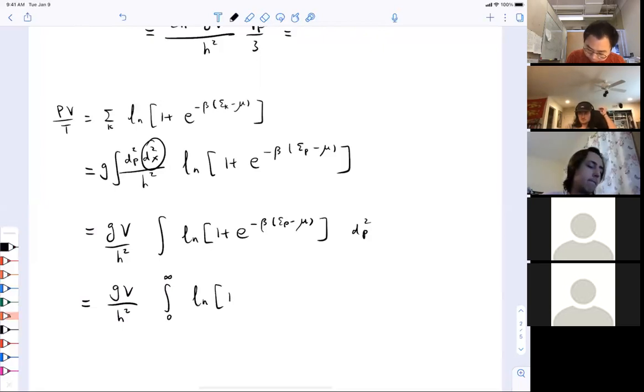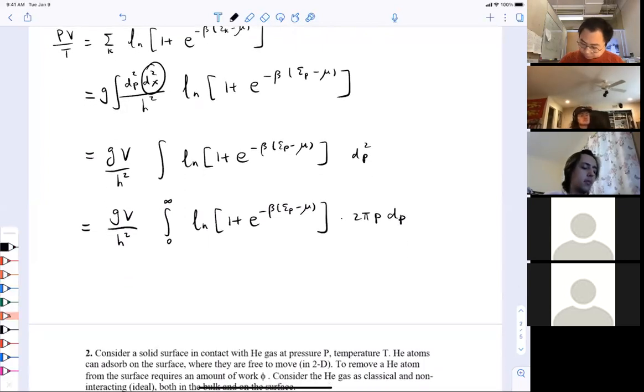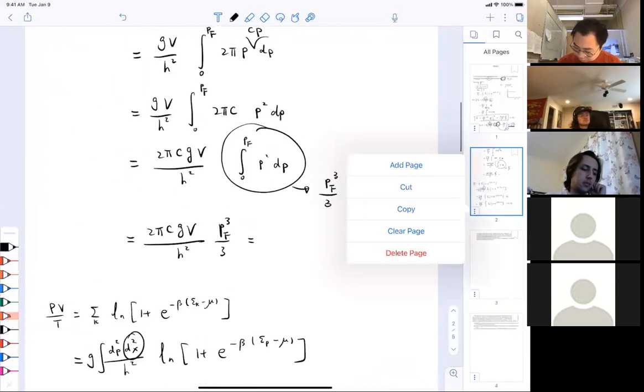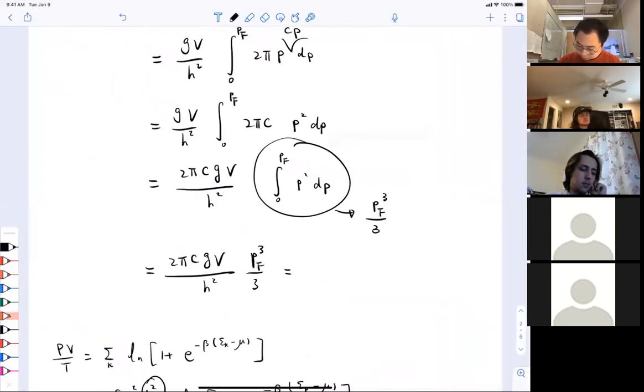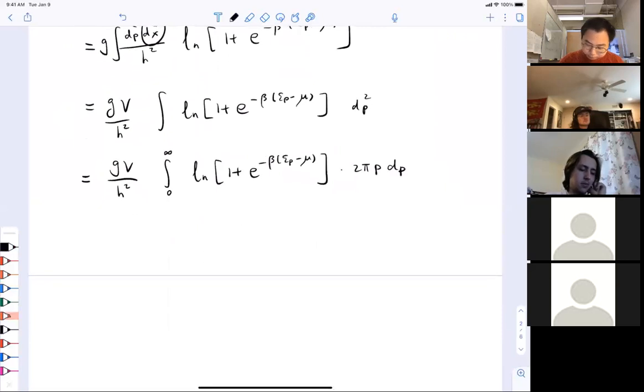And now 1 plus this, and 2 pi p dp, right? Let me add another page. I mean, the professor did this in class for the 3D case. I'm just repeating it for the 2D case.